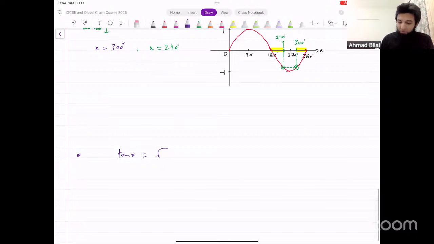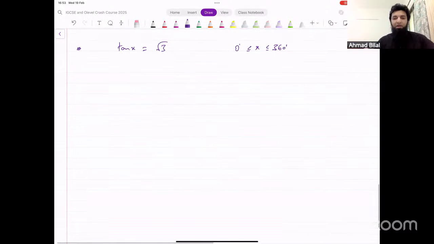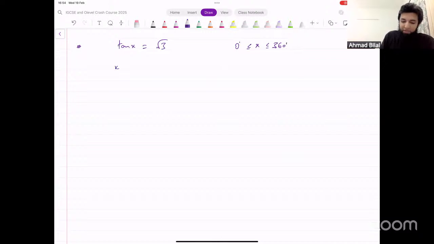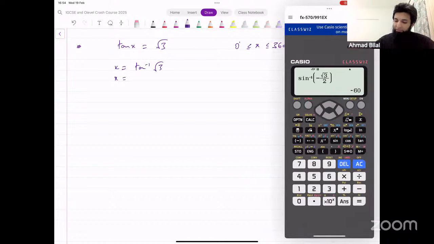Okay, so this is the equation that I want to solve now. x is between 0 degrees and 360. Now, let's just put this on our calculator and see what we get first. x equals tan inverse of square root of 3. What's the value of x that we get for that? Tan inverse of square root of 3. This is giving me 60 degrees.